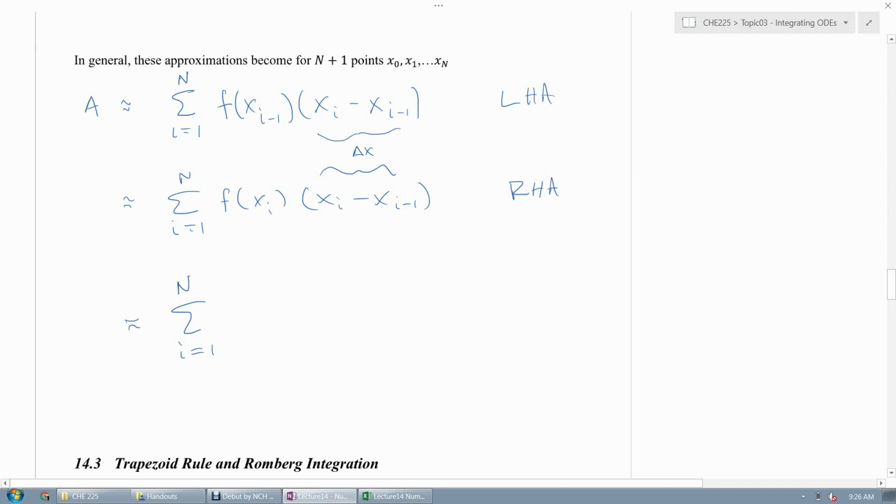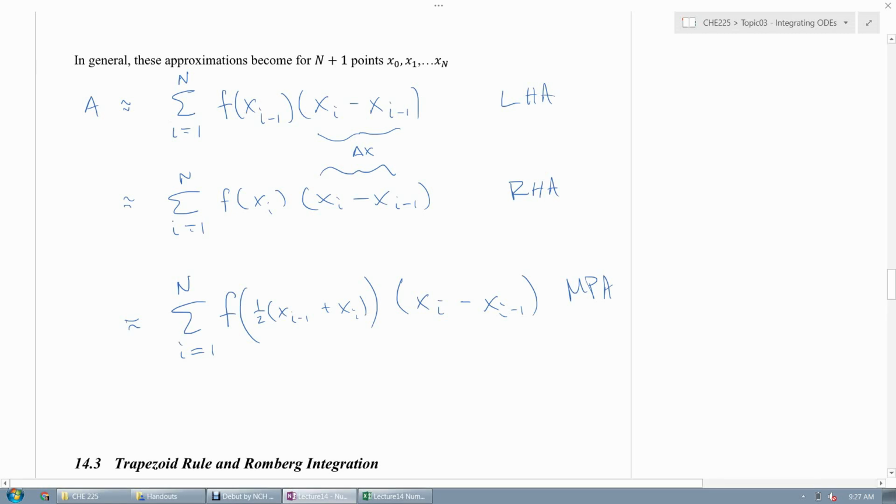And finally, the third one that I showed you, if you can do it, you have the sum of i equals 1 to n of f evaluated at one-half of x_(i minus 1) plus x_i, so that's the midpoint of the interval, times the interval again, x_i minus x_(i minus 1). And that again is the midpoint approximation.